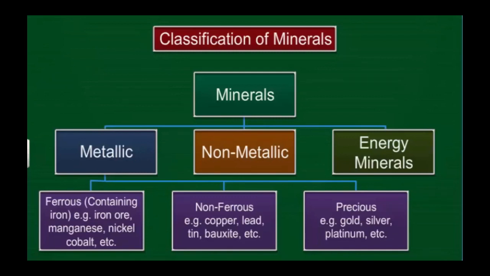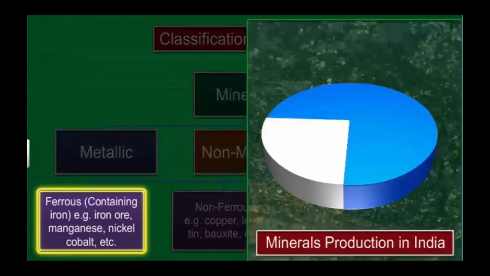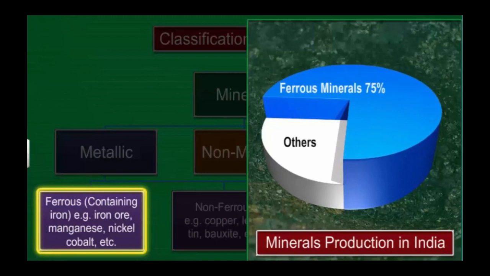You already know that ferrous and non-ferrous minerals are two types of metallic minerals. While ferrous minerals contain iron, non-ferrous minerals do not contain iron. Ferrous minerals constitute about 75% of the total production of minerals in India.